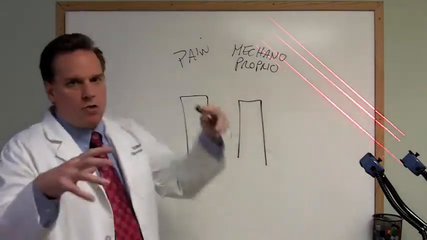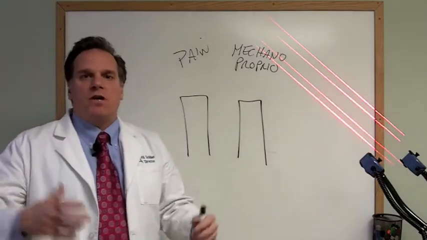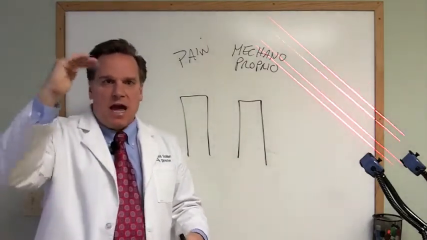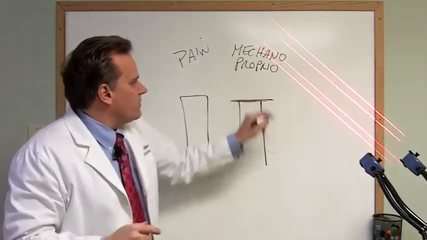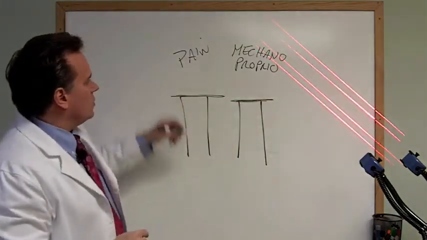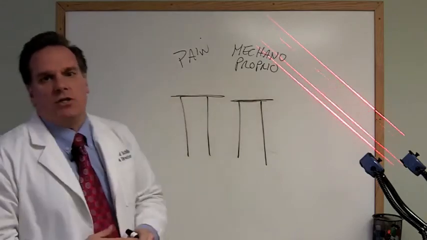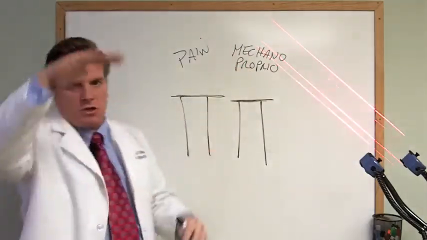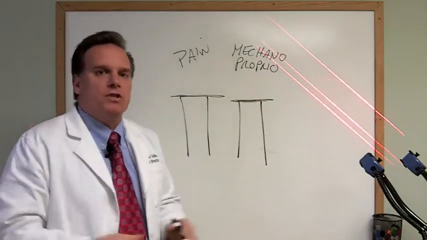In other words, they need to be equal. When the mechanoproprioception nerves, the awareness of where a body part is in space, are firing at a certain frequency and matching those other types of nerves, they are inhibiting the pain nerves. That's their job. They're squashing it out so that you don't feel pain.